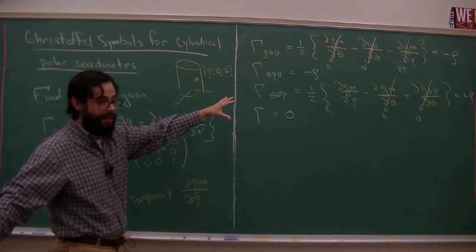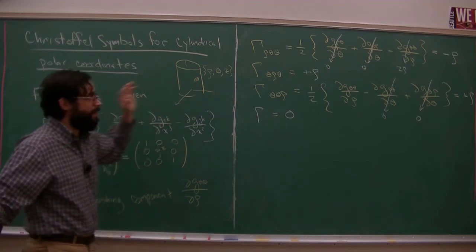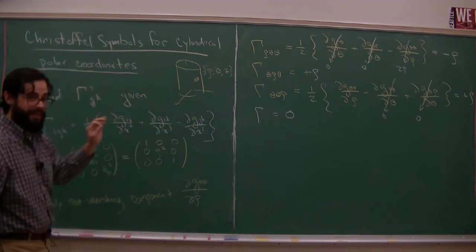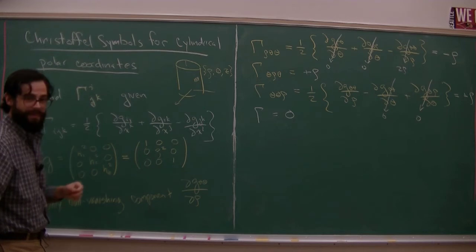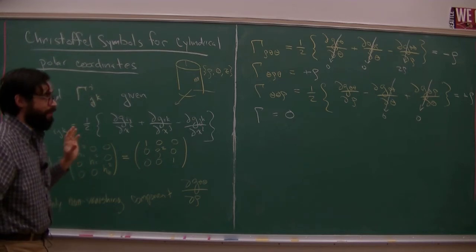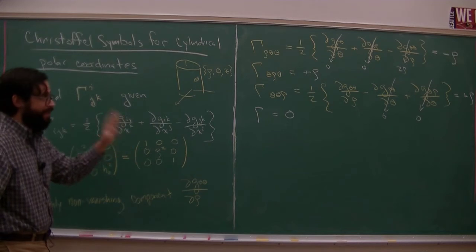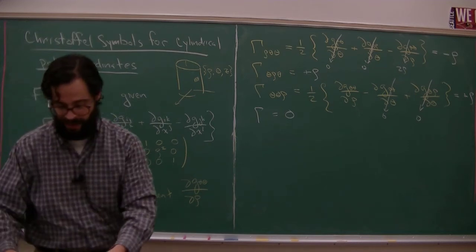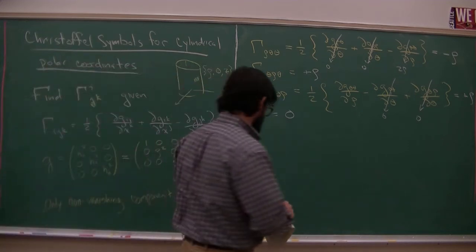So in my final accounting, when I write down the entire answer, there should be 27 symbols that I fill into, maybe 3 by 3 matrices was the suggestion for reporting your answer. 24 of them are 0, 3 of them are non-zero. We calculated 3 non-zero ones. So we'll just keep this in the memory bank for now.